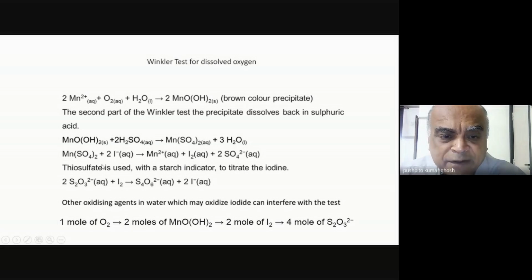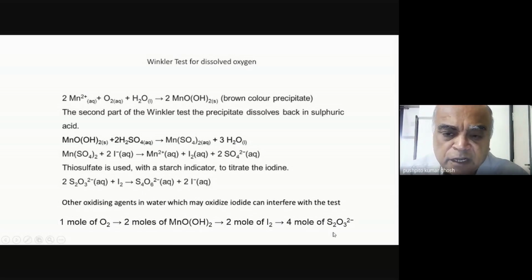And then I do a back titration of the rest of the iodine with thiosulfate. From all of this, I will come to know how much oxygen was really present, because 1 mole of oxygen is equal to 2 moles of manganese, Mn(OH)2, which is equal to 2 moles of iodine, and then it will be equal to 4 moles of thiosulfate, which I require.